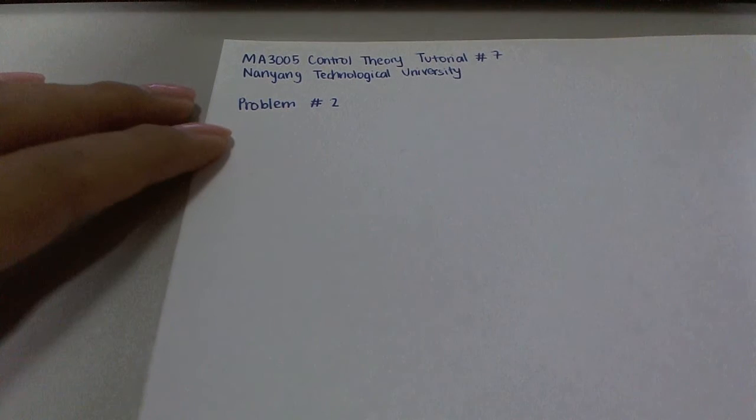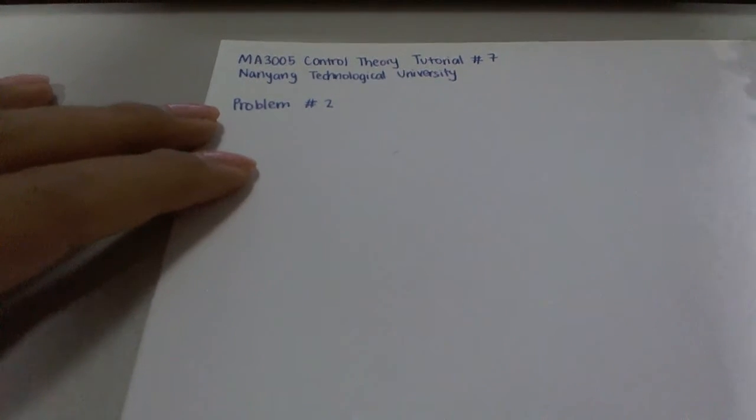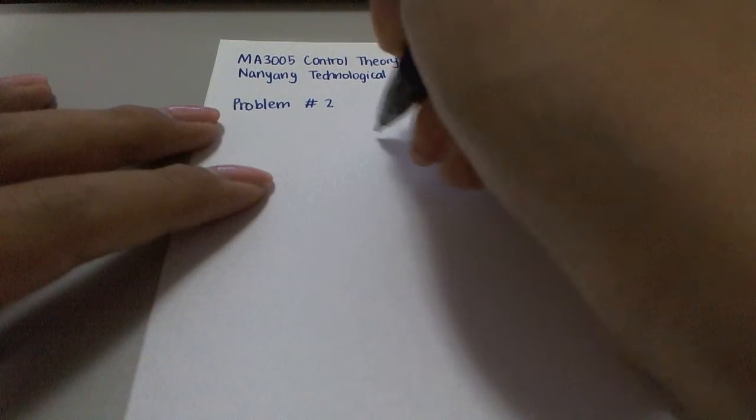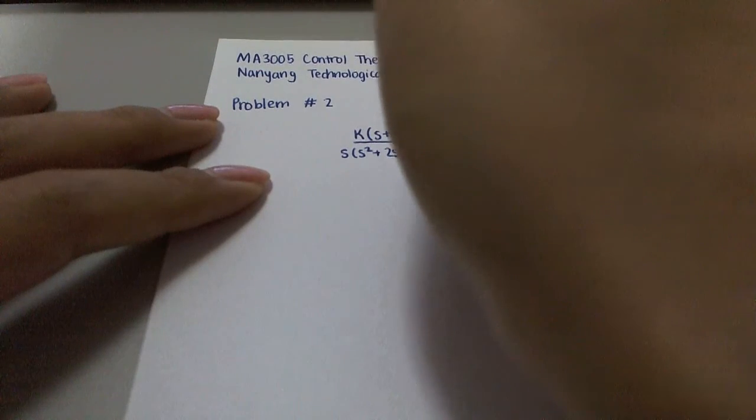For problem 2, we are asked to sketch the root locus of a system given as a block diagram with a forward loop block of k multiplied by s plus 1 divided by s multiplied by s squared plus 2s plus 6.